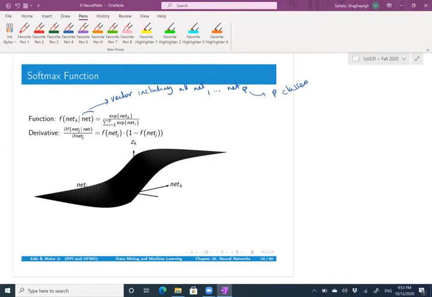And then if we take the derivative, it's very similar to the sigmoid. It's f of net j multiplied by 1 minus f of net j.